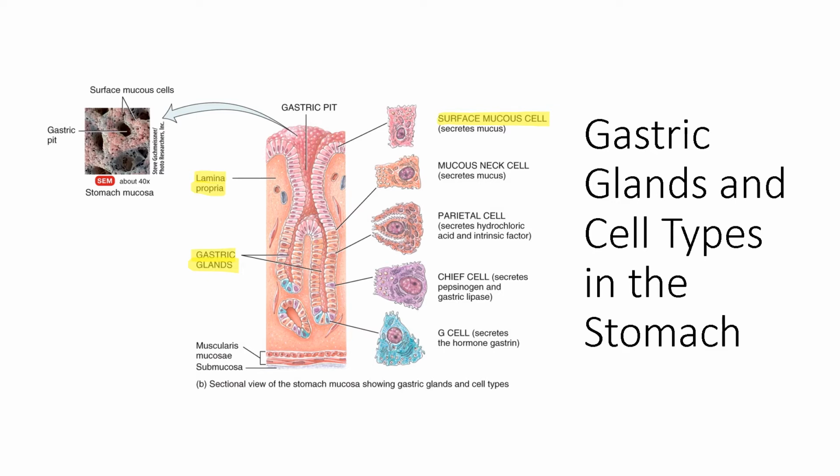Several of these gastric glands open into the bottom of narrow channels, and these channels are called the gastric pits. So secretions from several gastric glands will flow into each gastric pit and then into the lumen of the stomach.